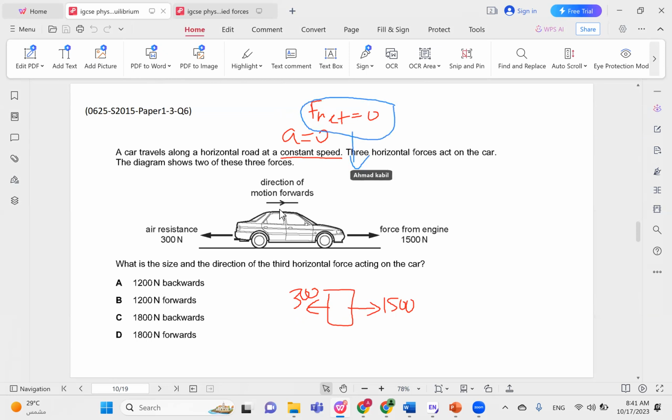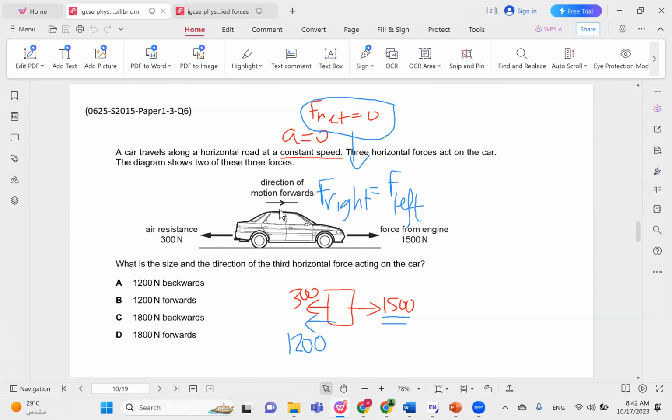Net force is zero means that forces to the right must equal forces to the left. I have 1,500 newtons to the right. So I need to add something here so that I get 1,500 newtons to the left as well. So the correct choice here would be 1,200, but to the left, not to the right.